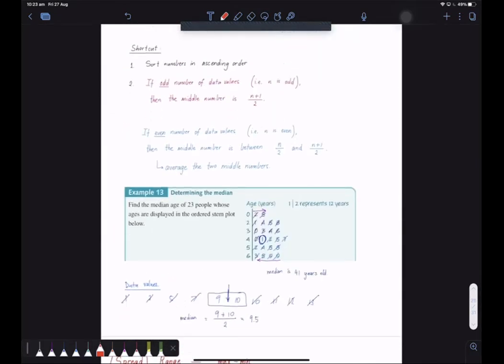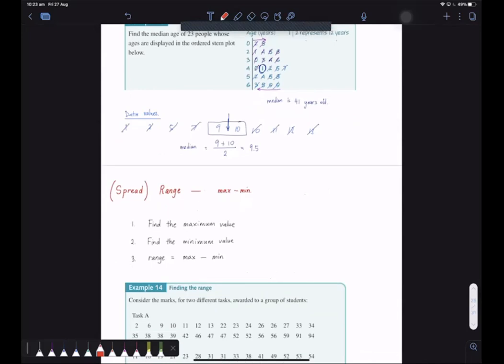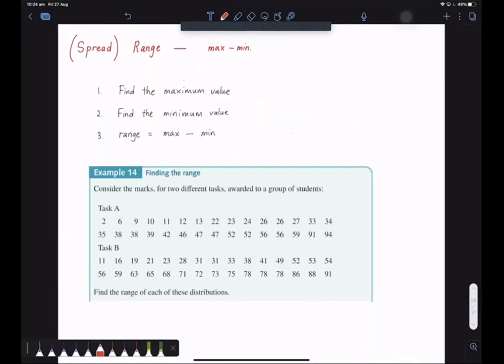So the next thing now, that's the median there. The next thing is we need to look at the spread. Remember in our previous chapter, we spoke about the shape, we talked about the location, and now we're going to talk about the spread.